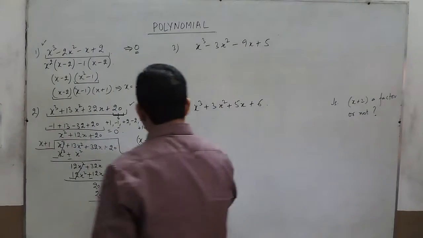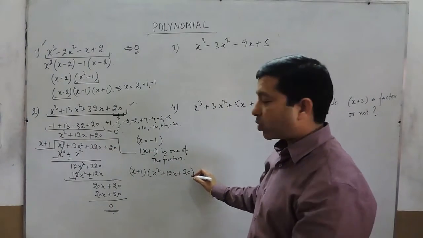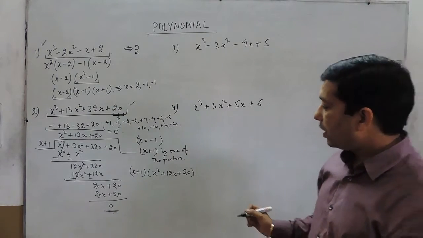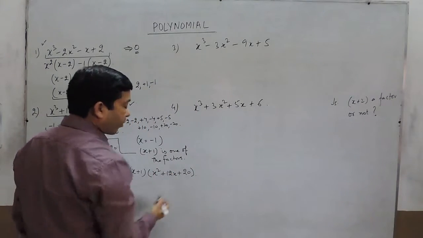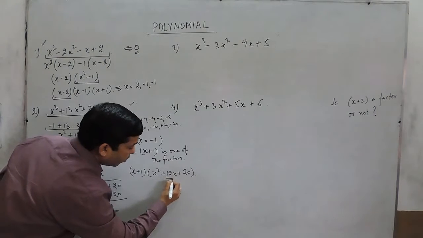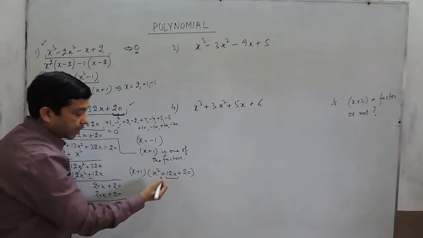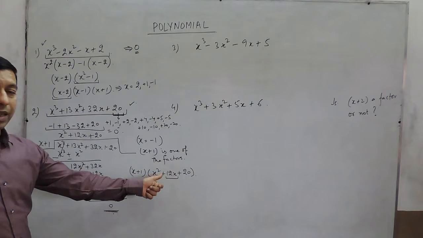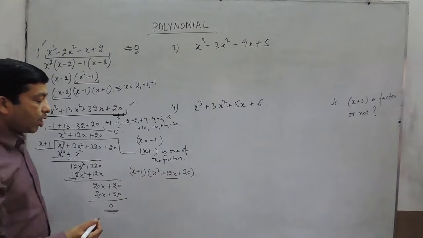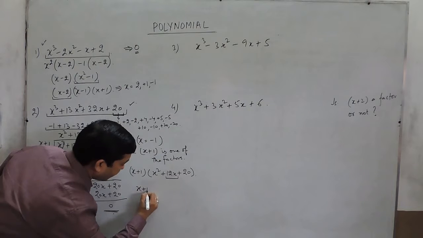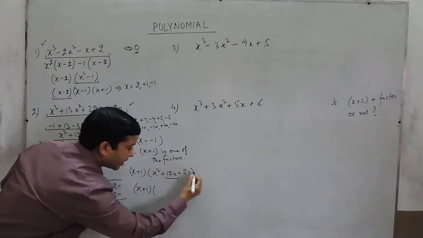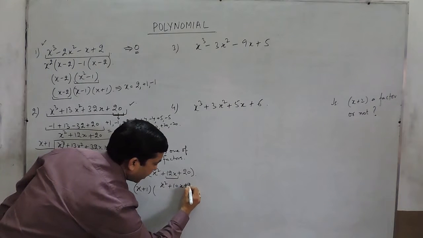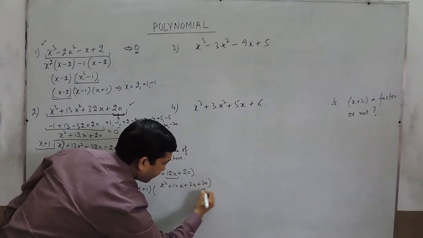Now, as we know that this is x square plus 12x plus 20, this is the polynomial with degree 2. And when we have 3 terms in a polynomial with degree 2, we have to split the middle term. 12 can be split into 2 terms, 10 and 2, where the sum is 12 and the multiplication is 20. So we can write x plus 1, and this can be written as x square plus 10x plus 2x plus 20.